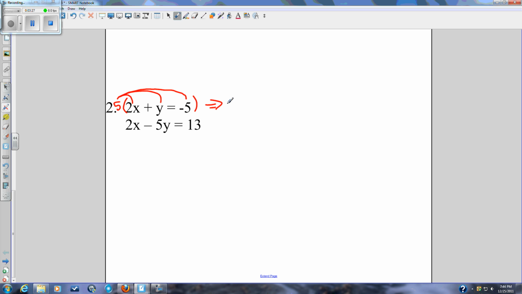If we say 5 times 2x, we get 10x. 5 times positive y gives you positive 5y, and 5 times negative 5 is negative 25. Now just write down your other equation underneath it, and it's all lined up. If you were to add these together, sure enough, the y's would cancel, and that's what we're going to do.